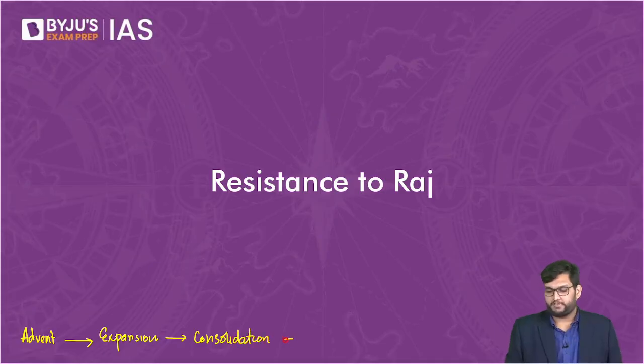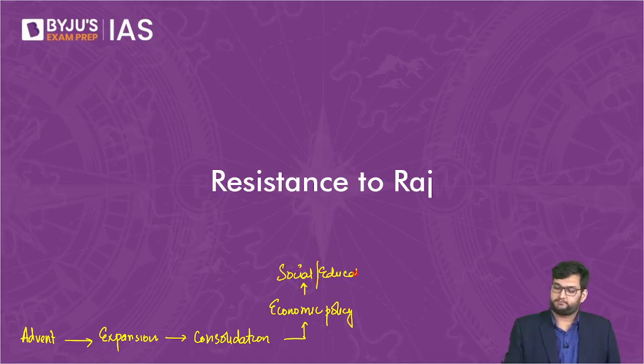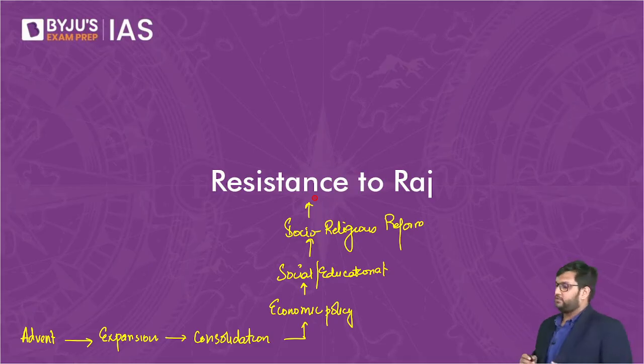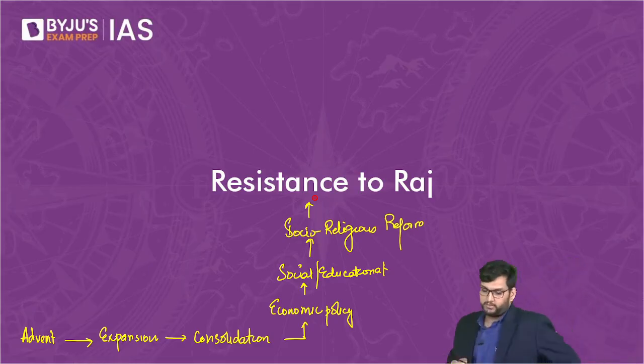Once we saw consolidation, we saw economic policy, then social, educational, and finally socio-religious reform, and we enter a logical end to our first part of the story, which is called resistance to the Raj.